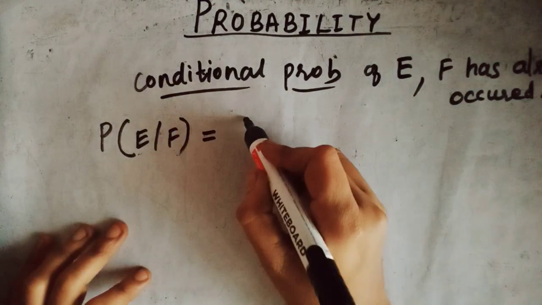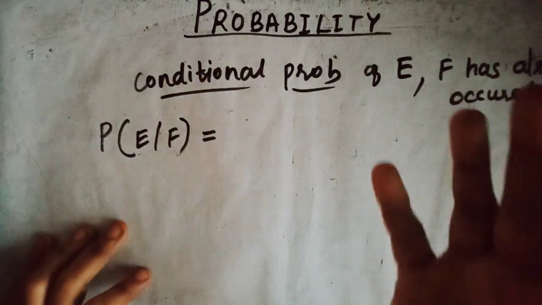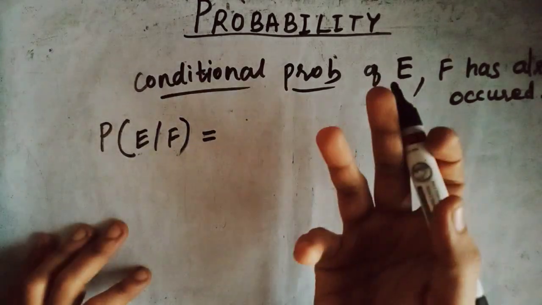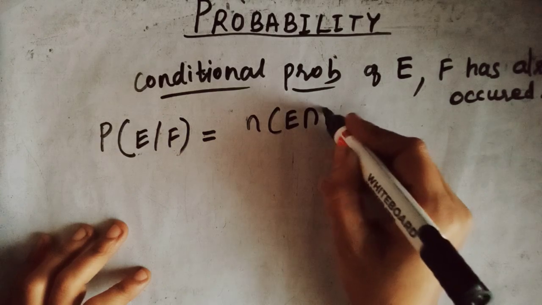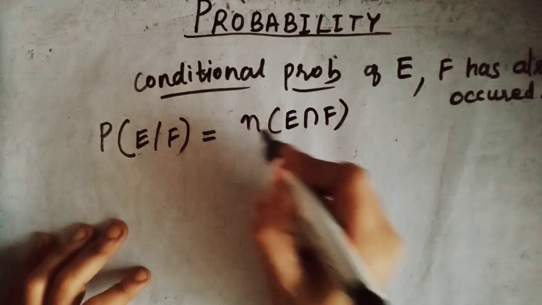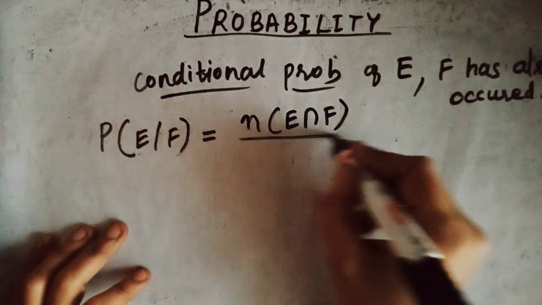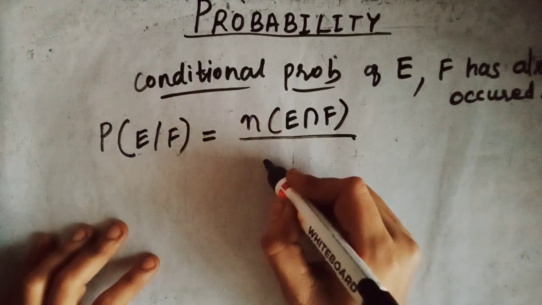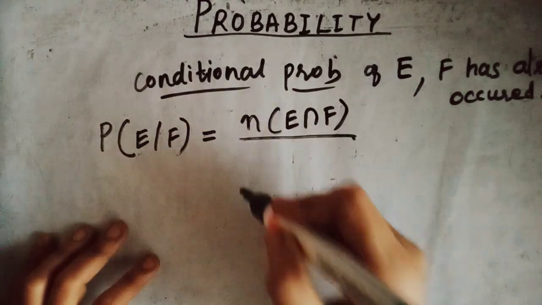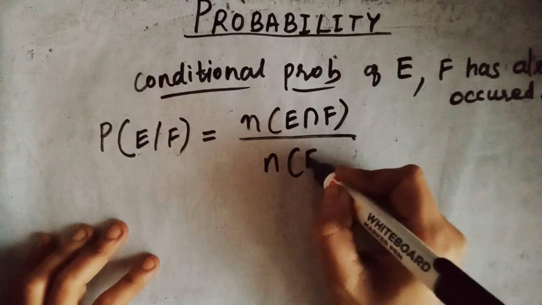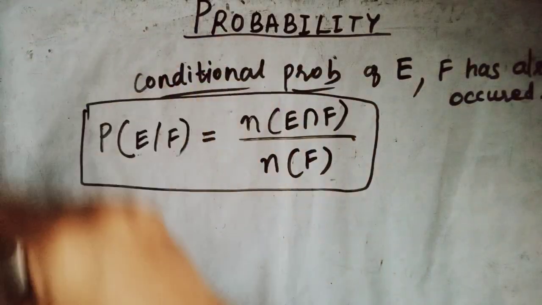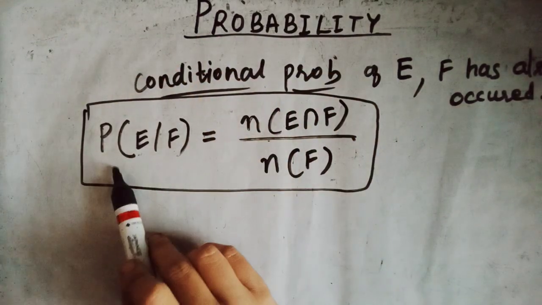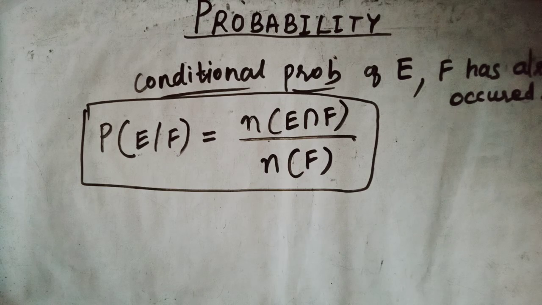So it is the number of elementary events favorable to E intersection F, upon the number of elementary events favorable to F, that is the number of events in F. This is the definition of conditional probability.